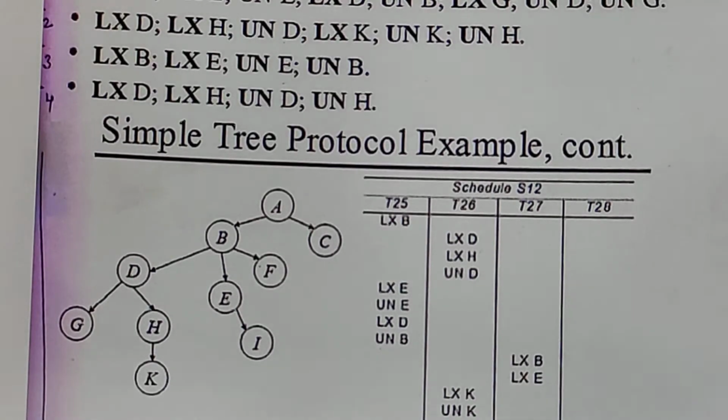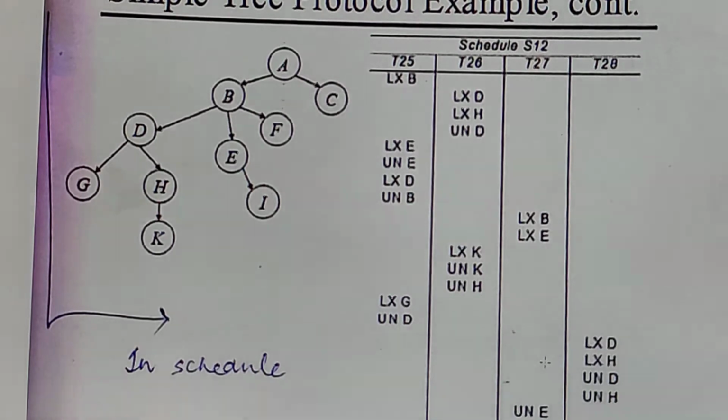These 4 sequences are by the 4 different transactions that are arranged in this schedule S12. Suppose transaction T25 has locked data item B, right? Now the switching occurs and the transaction T26 locks data item D, locks data item H, unlocks data item D. Then we again move to T25.